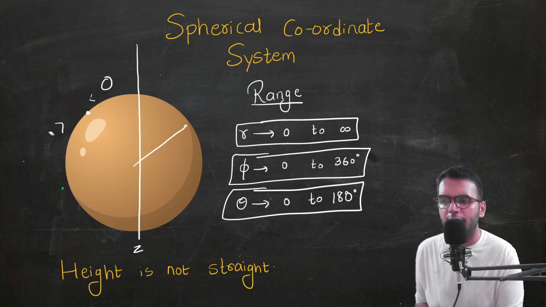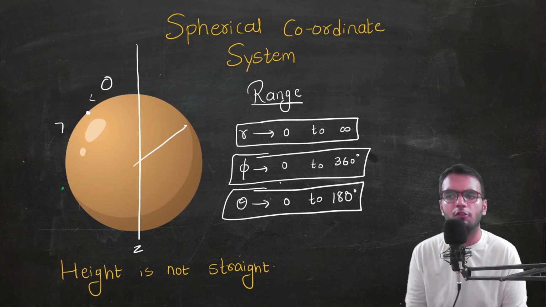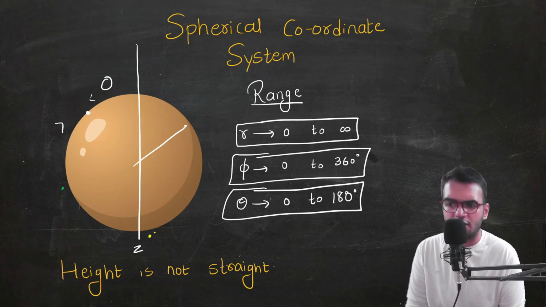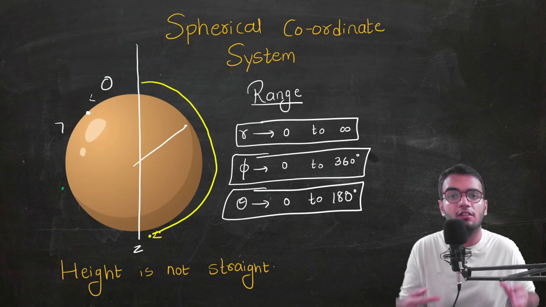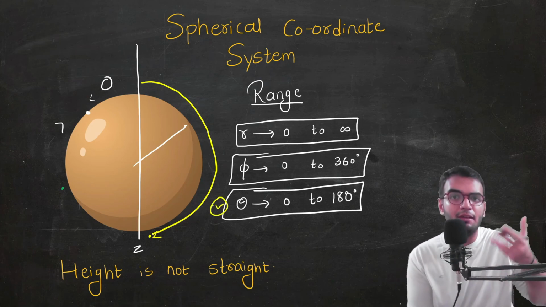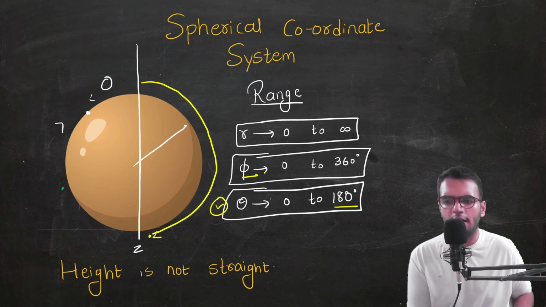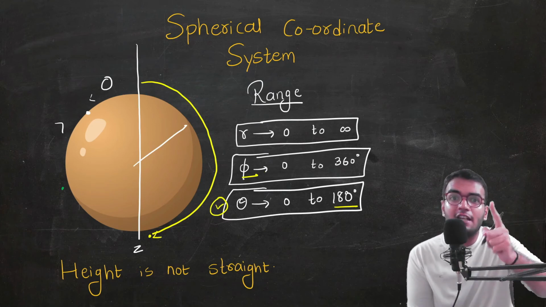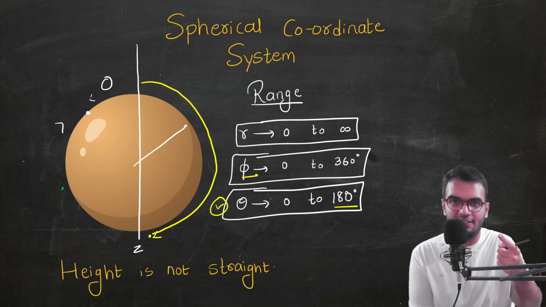If I have defined the range of my polar angle up to 180 degrees, it is enough, because if I want to reach this point, I can go directly from here. So I will have to consider the shortest angle. That is why, to avoid multiplicity in the coordinate system, I have defined the range from 0 to 180 degrees.